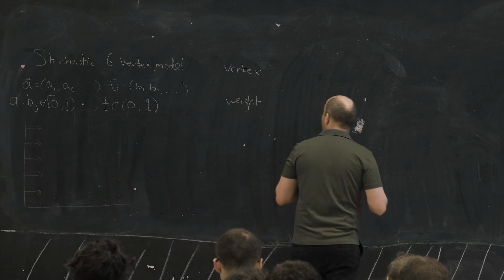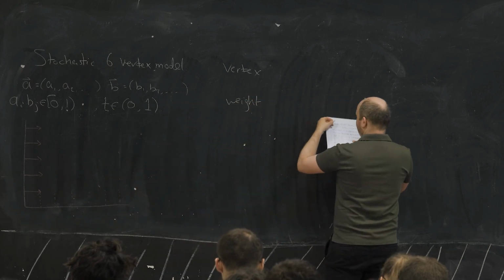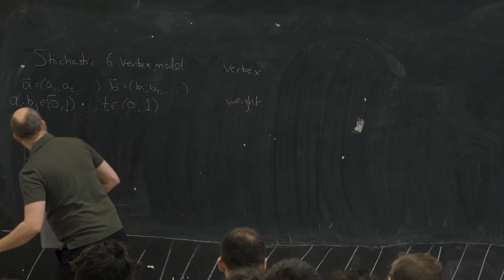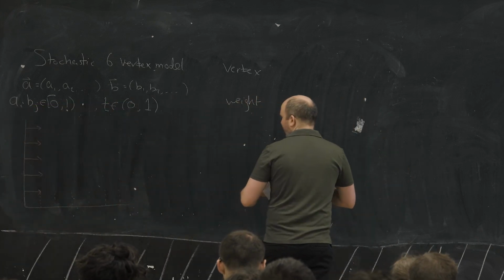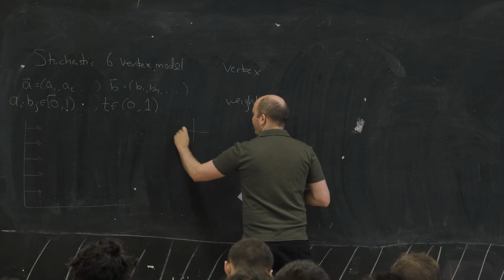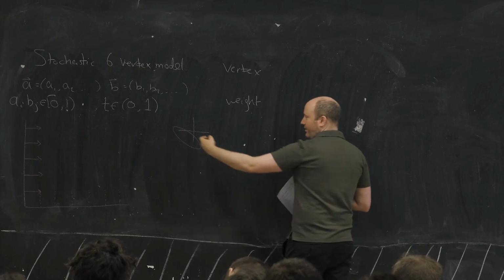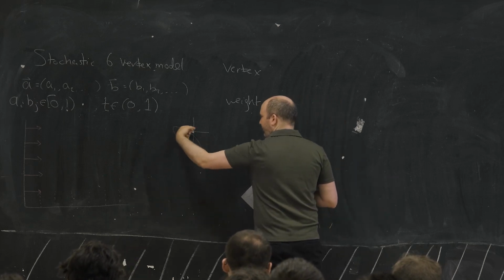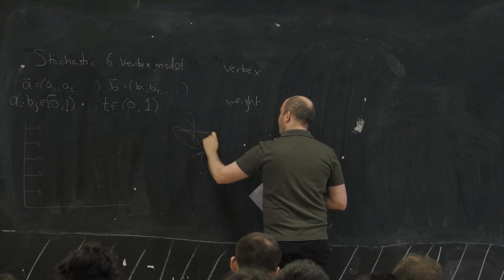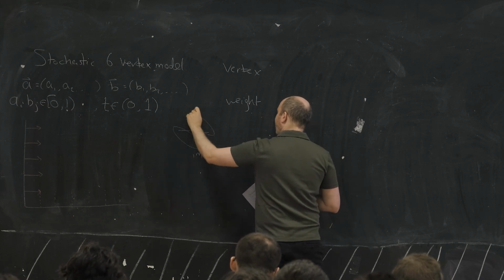I give you the configurations, I give you the weights, and I'll tell you how they go in. So you could have a vertex. When I think of vertices, I think of the state of the incoming, what's to the left and below, as inputs, and what comes out from the top and to the right as outputs.